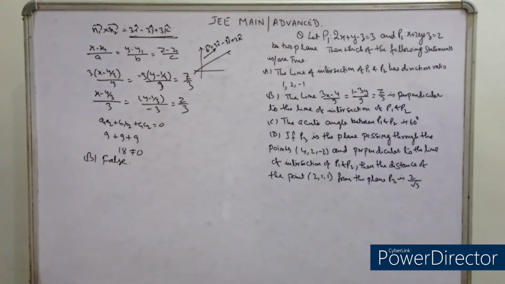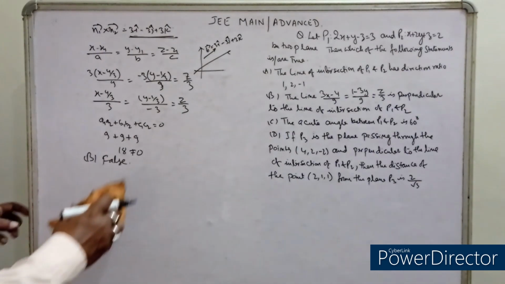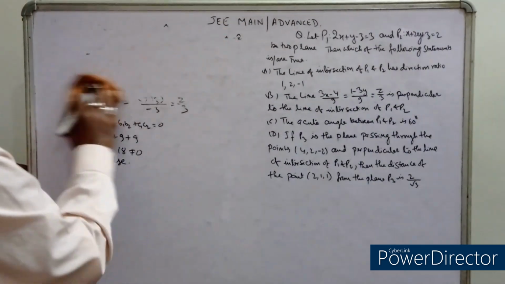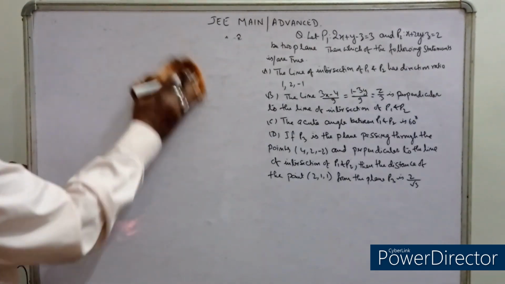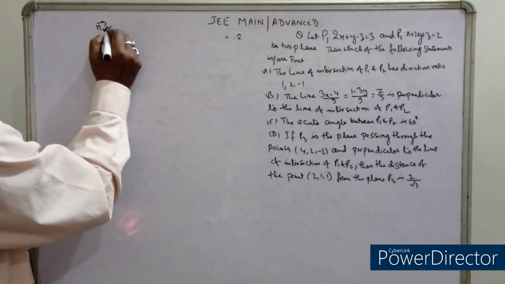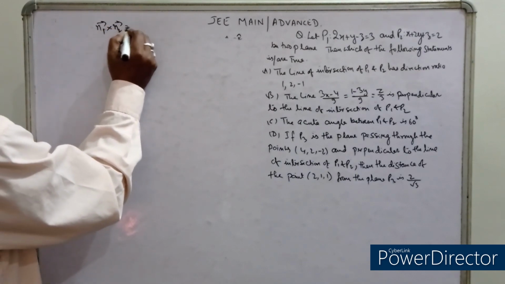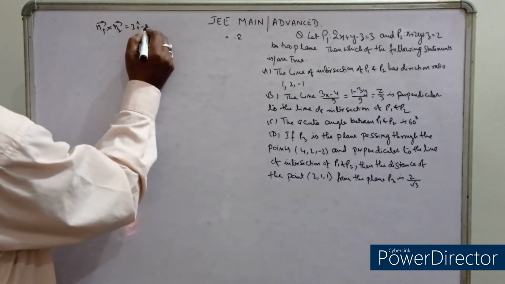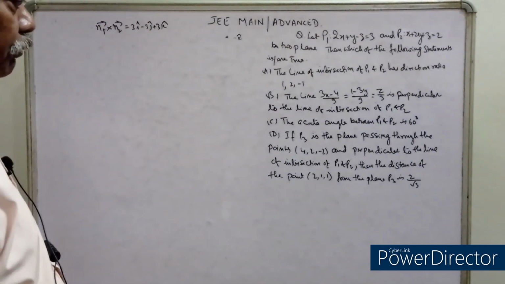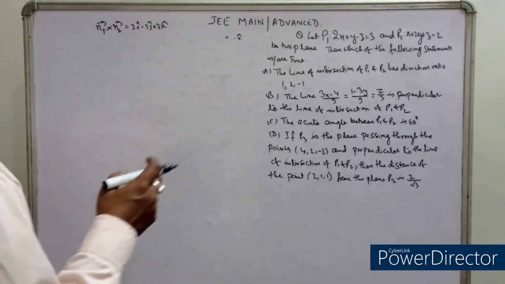Now I am moving to this C. So for C, that is your n1 vector cross n2 vector, that is equal to 3 i cap minus 3 j cap plus 3 k cap. So here I have to find the angle.